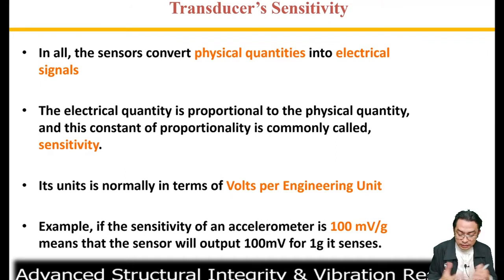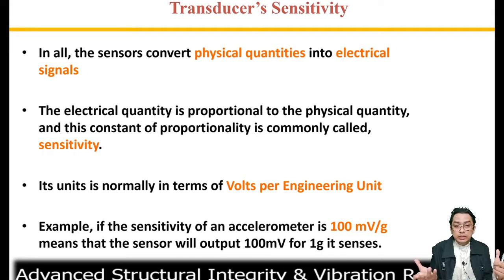Alright, so like I said, all the physical quantities are converted into electrical signal, but the relation between these two things, the electrical signal and the physical quantity, is a proportional relation. We call it sensitivity. For example, the units we usually use are volt per engineering unit.